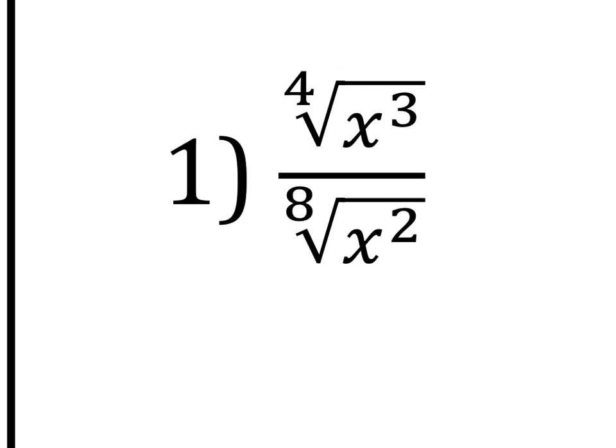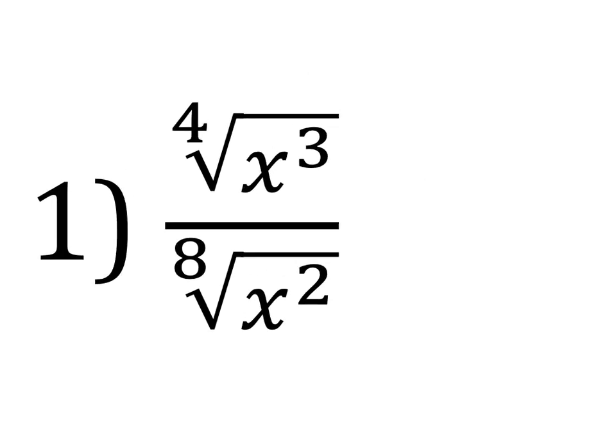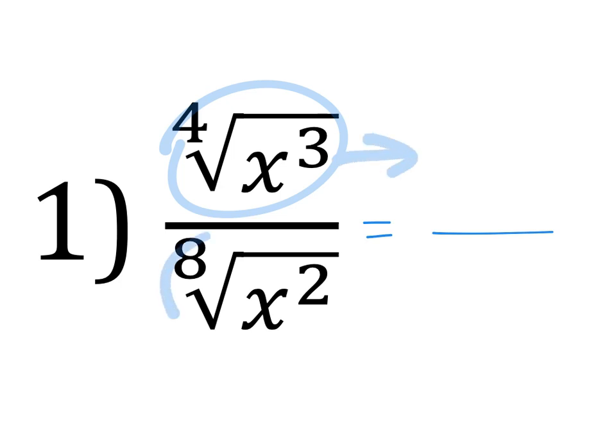No, not yet. We cannot divide in radical form. We can in fraction form. So I'm going to change this to fraction form, and this to fraction form. Go ahead and change it to fractional exponents, x to the something, x to the something, and I'm going to call on you to tell me what it is.